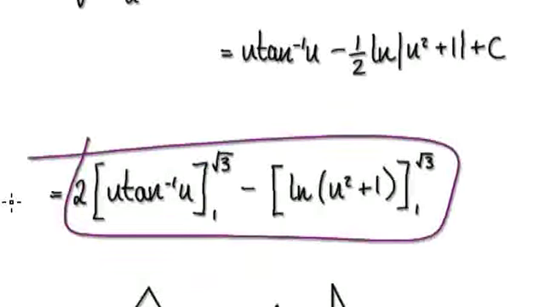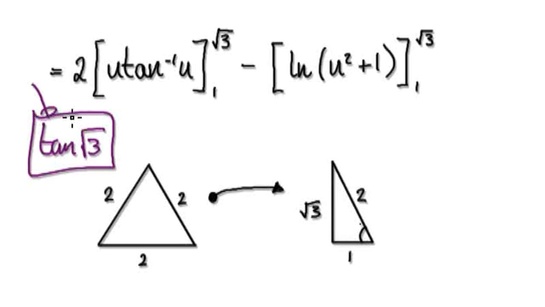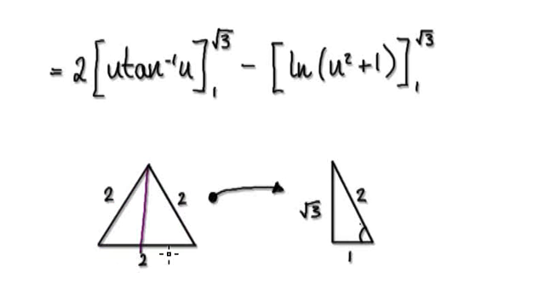So now it's just a matter of integrating this. So when you put this into the u here, what is tan of square root of 3? This is a common value which you should try to remember. If you look at an equilateral triangle, 2, 2, 2, split it down the middle here.